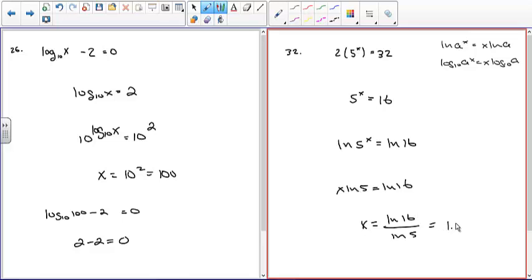So I get 1.7227. And again, you can check that out. So if you take 2 times 5 to the 1.7227, let's see what we get. So 2 times 5 raised to the 1.7227 power is 32, approximately 32.